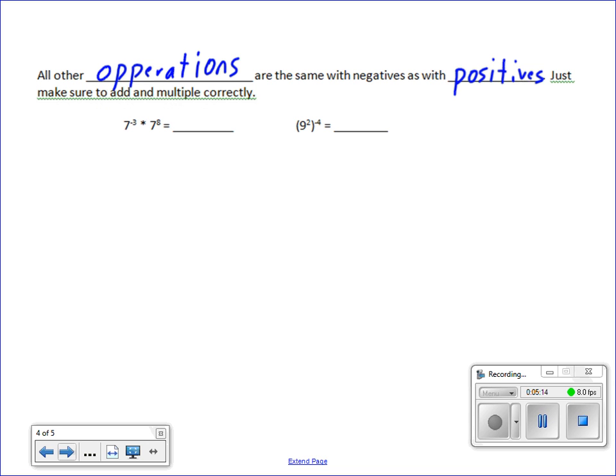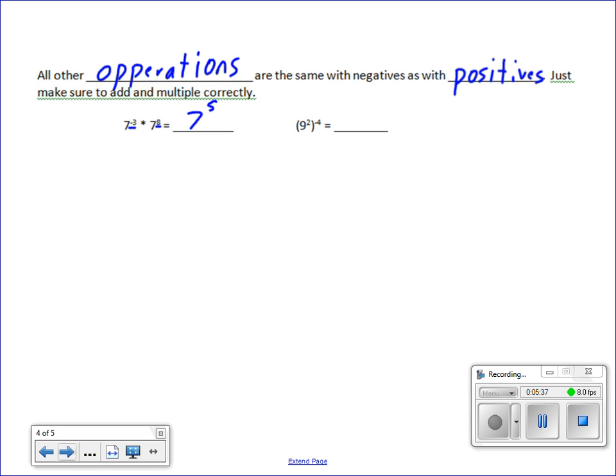So if I have 7 to the negative third times 7 to the 8th power, if I multiply the same base, I'm going to add the exponents. I'm going to add negative 3 and 8. Negative 3 and 8 is a positive 5. So it'd be 7 to the 5th.